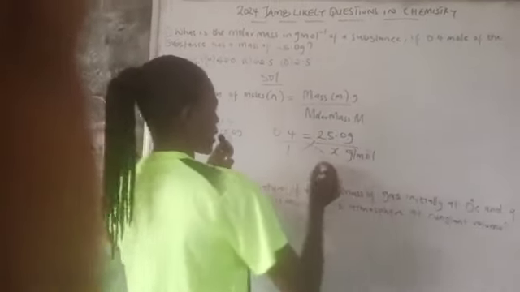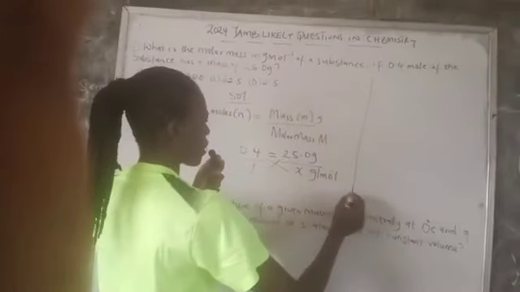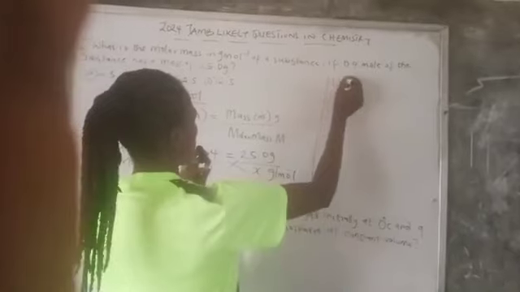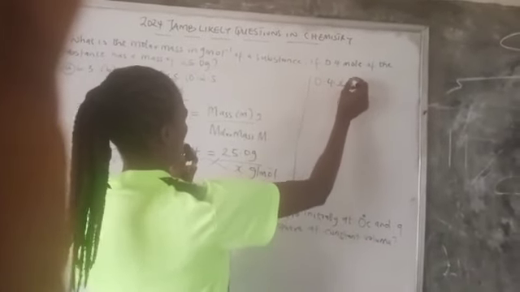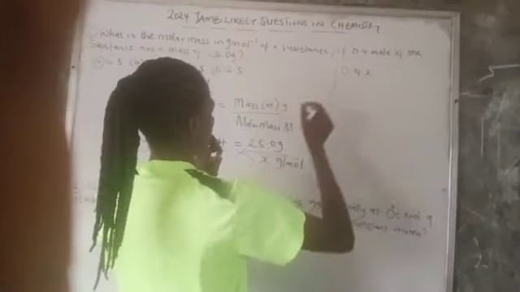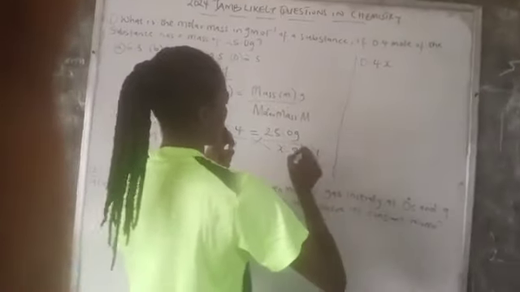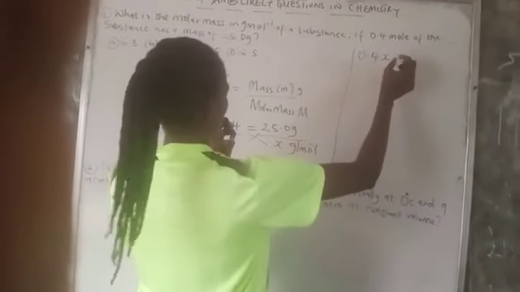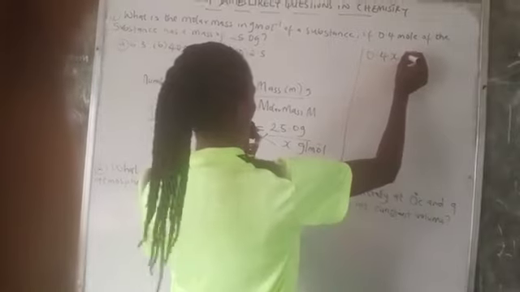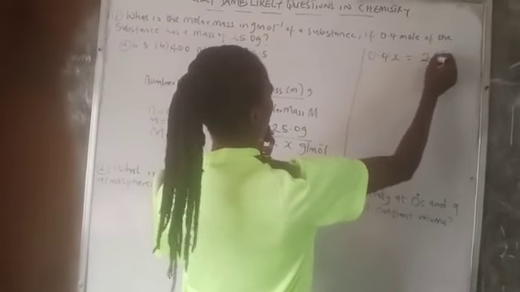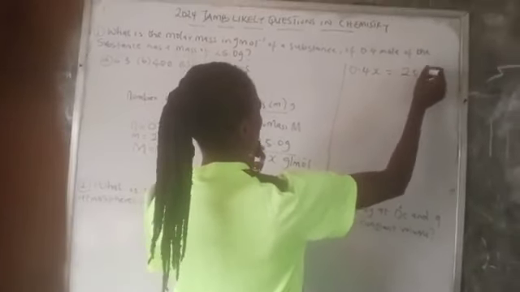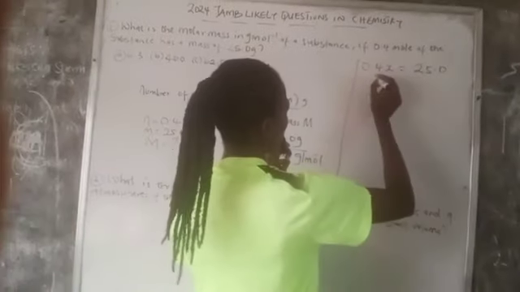When we cross multiply, we're going to have 0.4x is equal to 25.0.